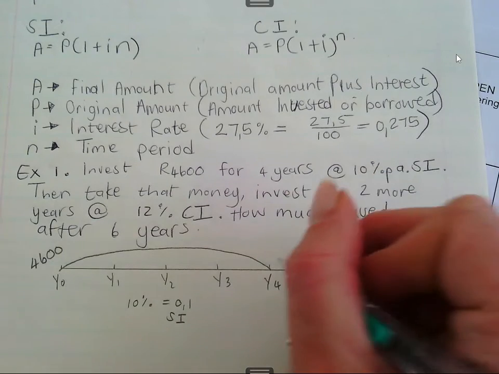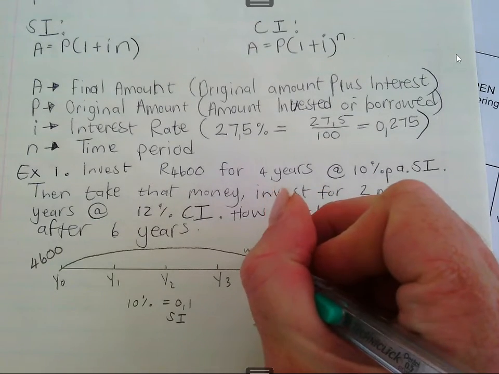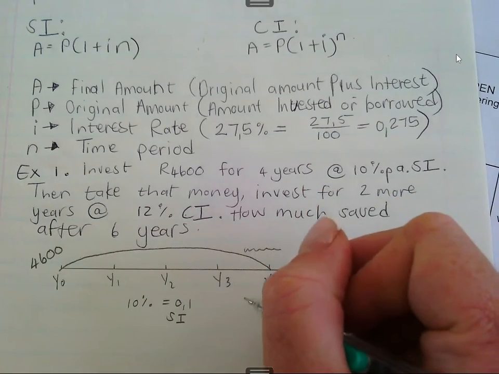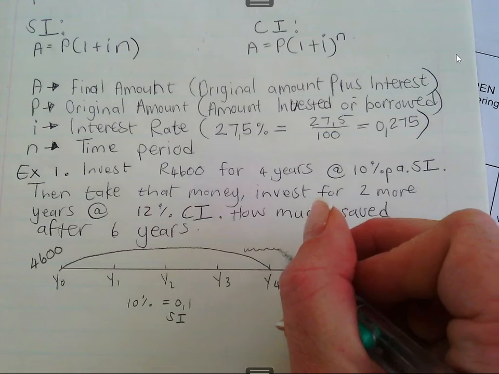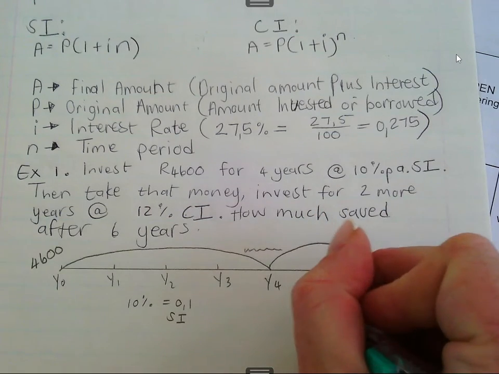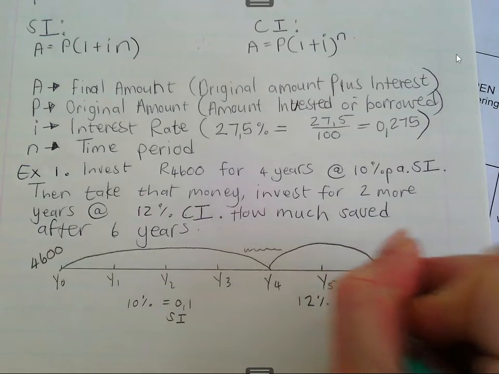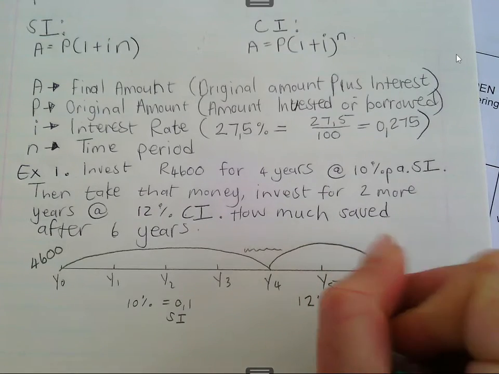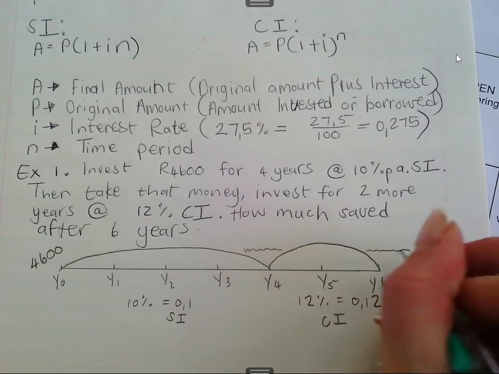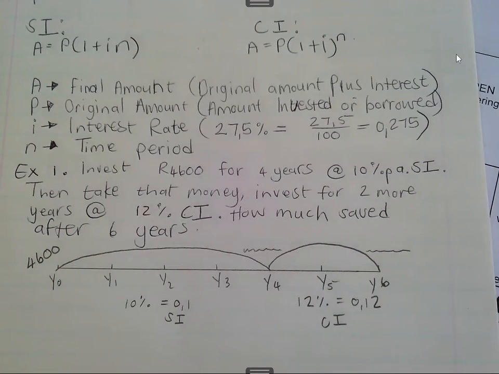Then I will get a specific amount there that I don't have right now. I will get the amount out. Then that amount that I get out will be invested for another 2 years at 12%, which is 0,12 compound interest. And then I will get the final amount, and that is the amount that I want to calculate. Do you agree with that?